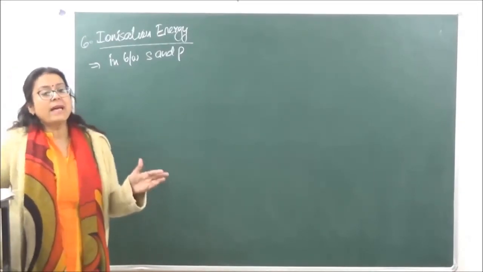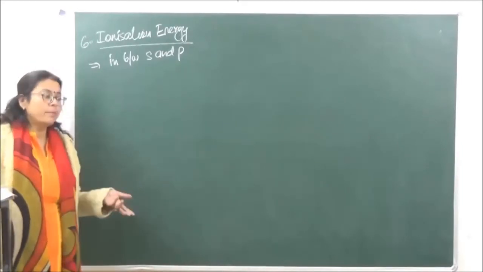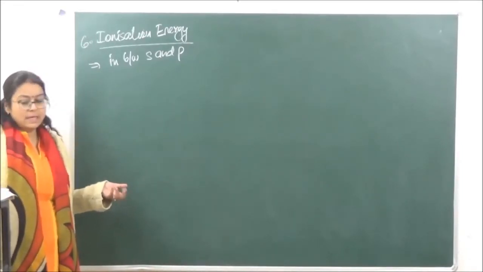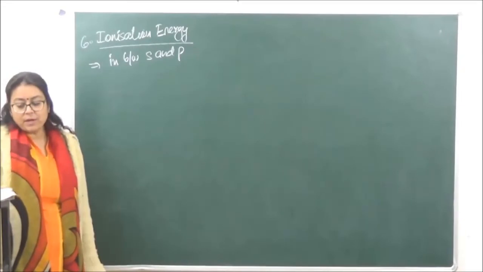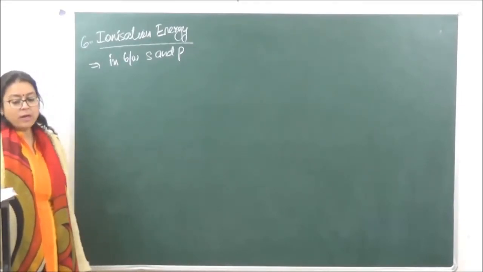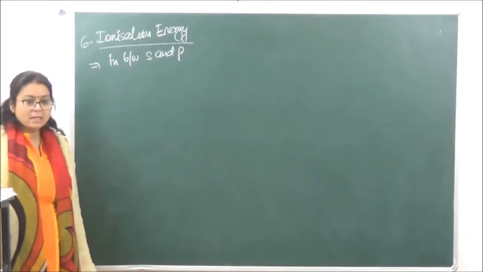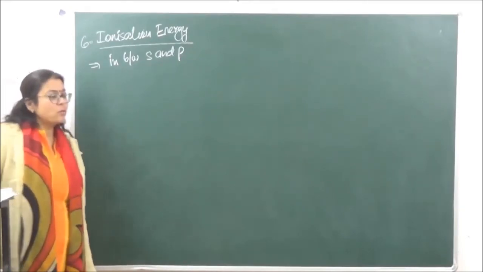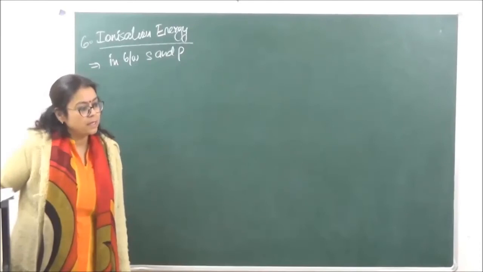That is the reason why p block elements are going to be non-metals. Is it clear? So we say that the d block elements are going to be less electropositive as compared to s, but more electropositive as compared to p.